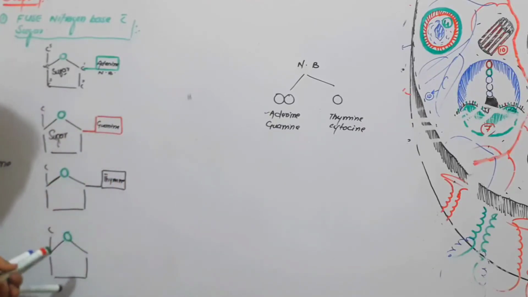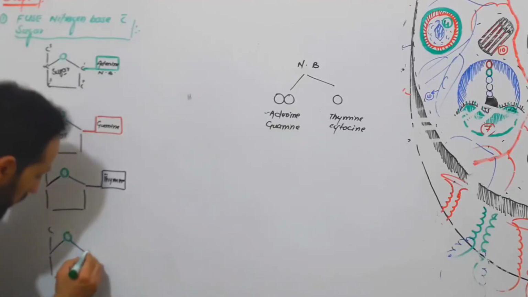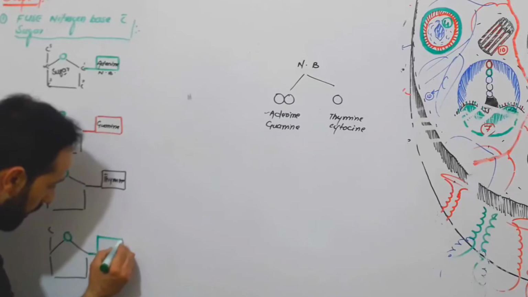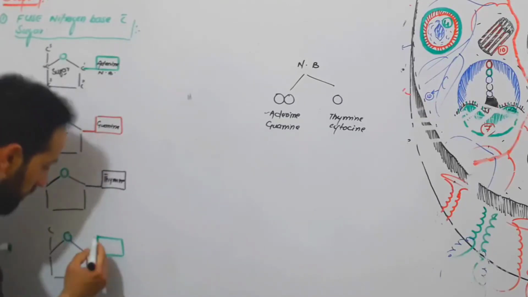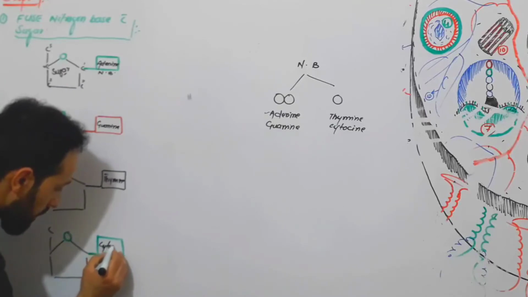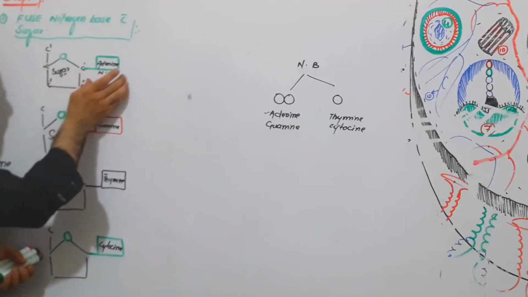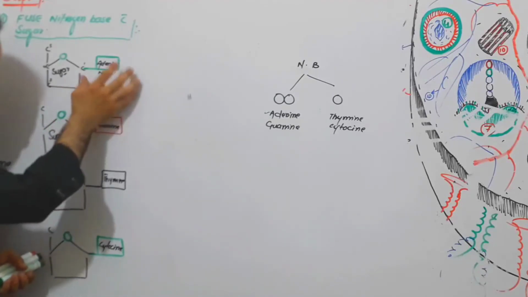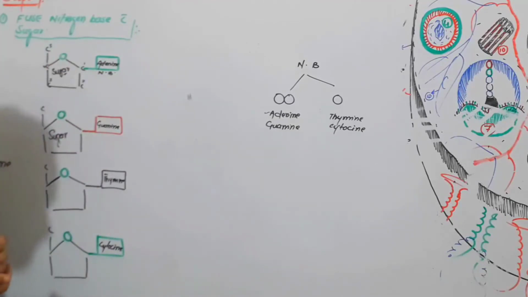And then here we combine our next nitrogen base, that is cytosine, right? So what did we do? We combined the sugar with nitrogen base, right? So all of these are nitrogen bases, and here we have sugars.